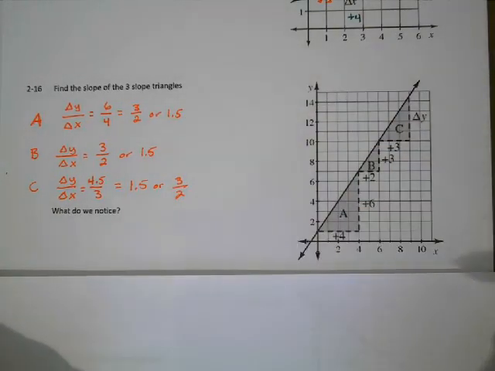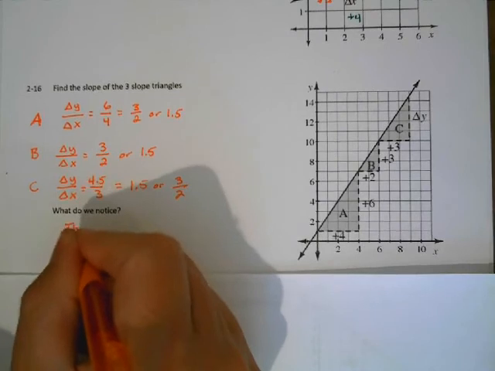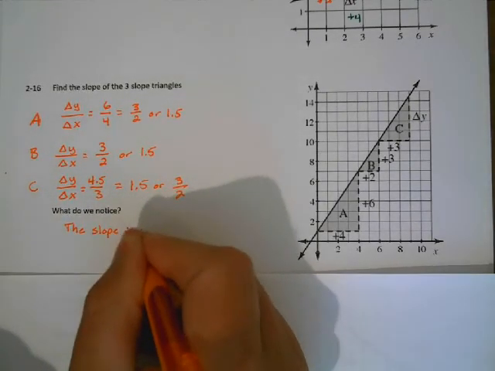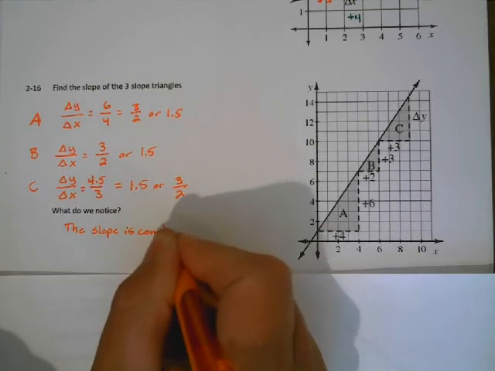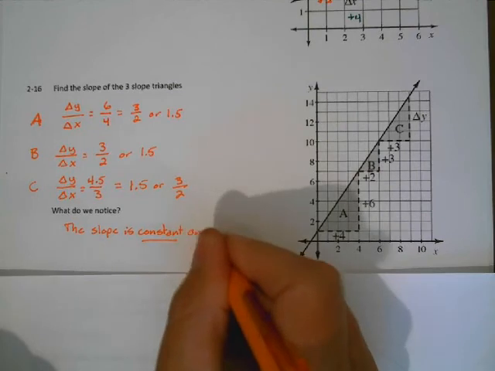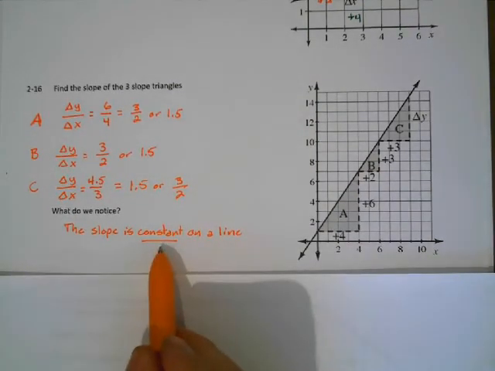So what do we notice? We notice that the slope is constant on a line. Now what does that mean? Constant means it doesn't change.